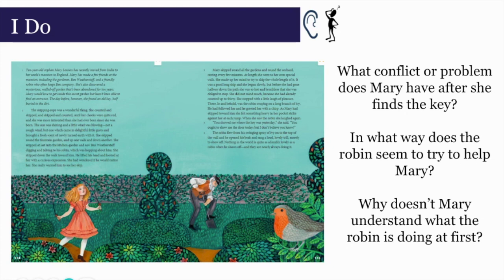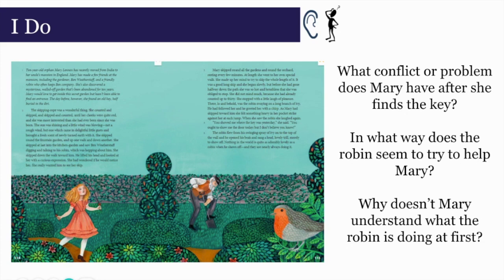She did not mind much because she had already counted up to 30. She stopped with a little laugh of pleasure. There, lo and behold, was the robin swaying on a long branch of ivy. He had followed her, and he greeted her with a chirp. As Mary had skipped toward him, she felt something heavy in her pocket strike against her at each jump. When she saw the robin, she laughed again.